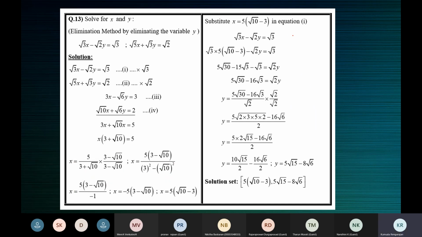So if you have 5 by minus 1, it is minus 5. Children, you understood, yes or no? So far?